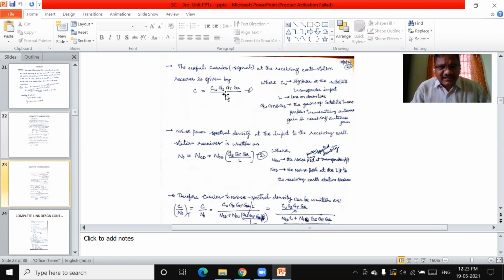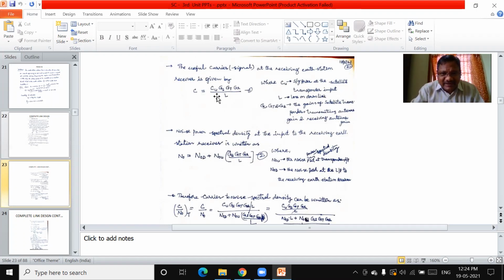So remember what is important: the power that we receive at the input of the receiving antenna is CU, the carrier power available at the input of the transponder of the satellite, multiplied by GS, GT and GR. CU is multiplied by the satellite's antenna gain, the transmitting antenna gain and the receiving antenna gain.